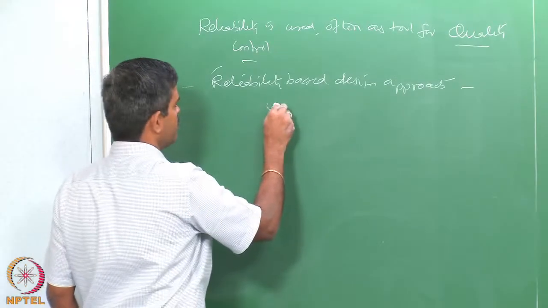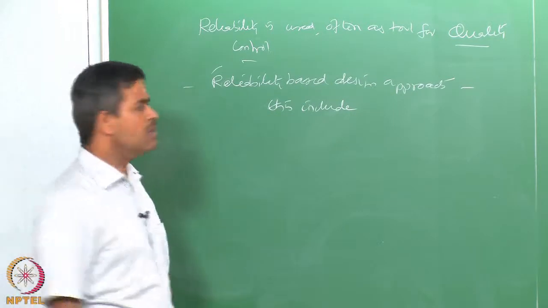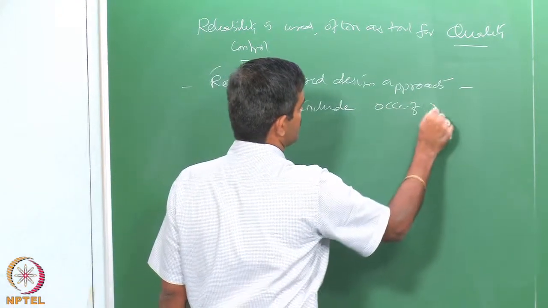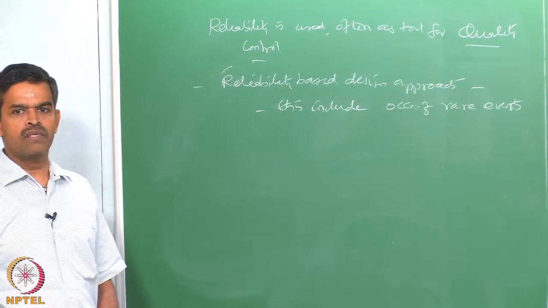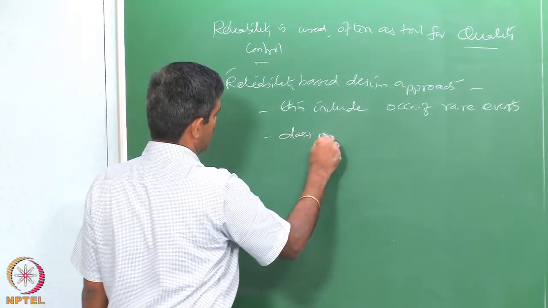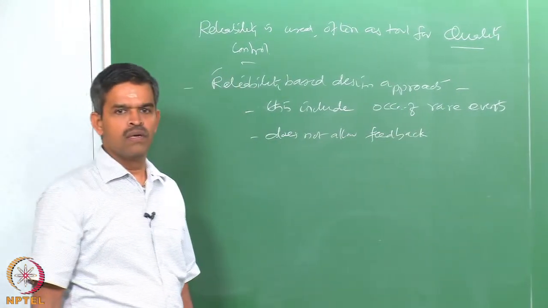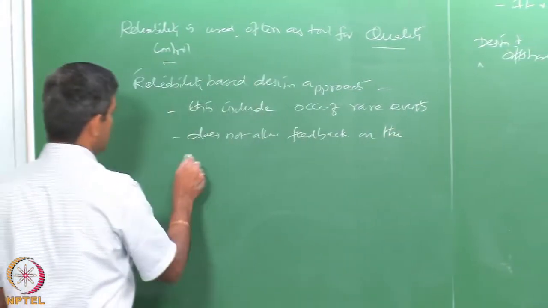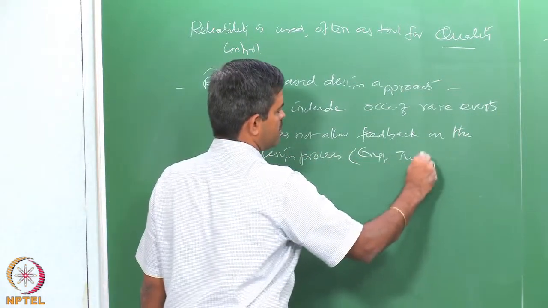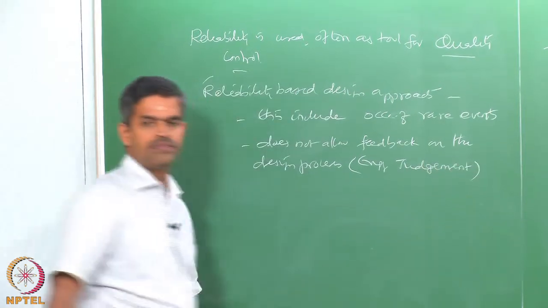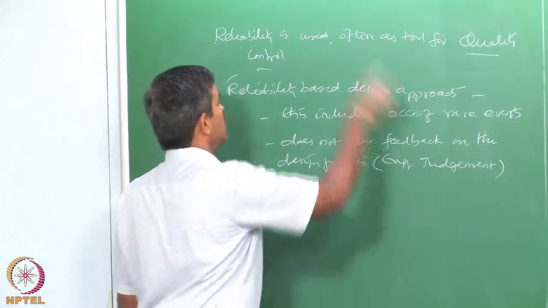This should include the occurrence of rare events, and does not allow feedback on the design process which is based on engineering judgment, because the moment you allow this feedback based on engineering judgment, this will again amount back to uncertainty.